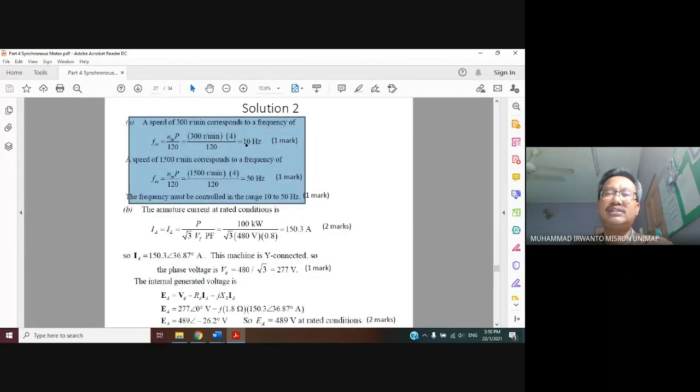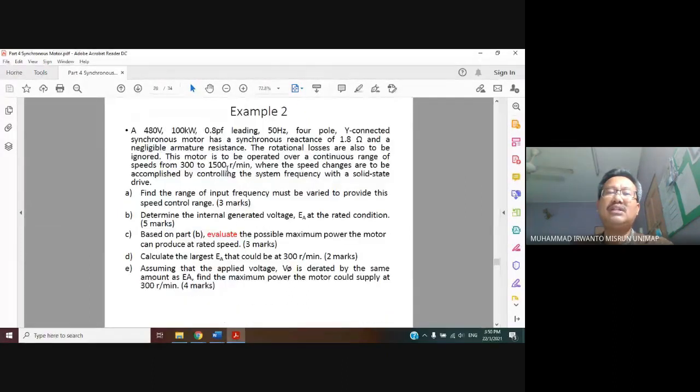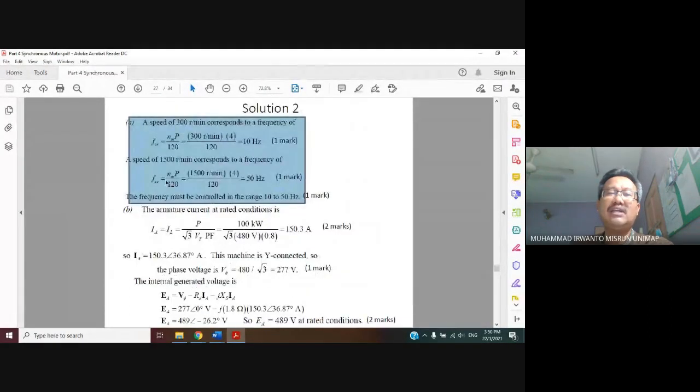Meaning, for obtaining the rotor speed of 300 RPM, we need to give the frequency of 10 Hz. And then to obtain the rotor speed of 1500, the same formulation can be applied. F is equal to NP over 120. So N 1500 multiply number of pole 4 over 120. So 50 Hz.